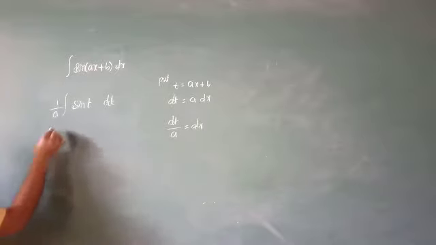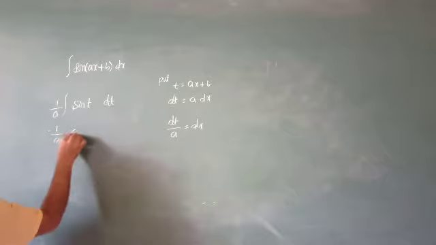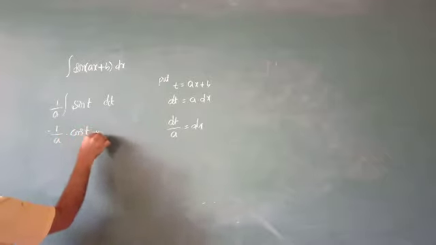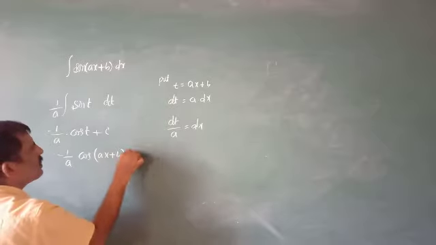So equal to 1 divided by a into integrate of sine t, which is minus cos t plus c, is minus 1 by a into cos of t, where t is ax plus b, plus c.